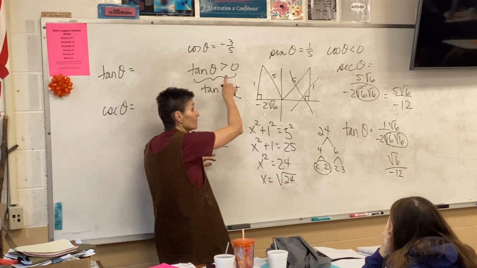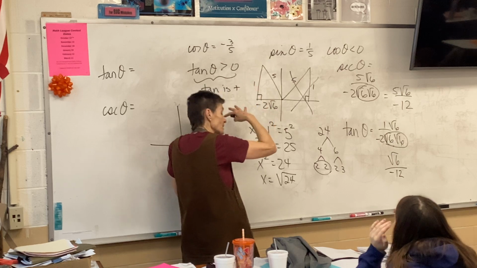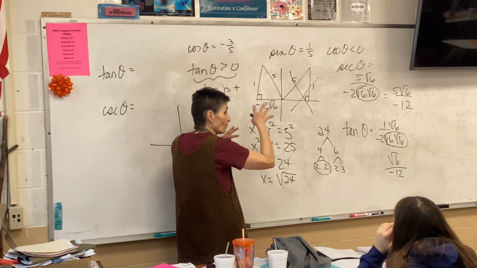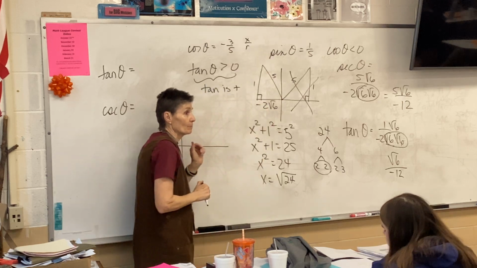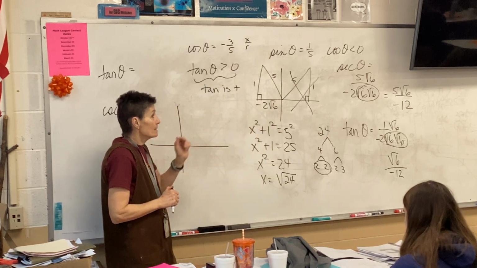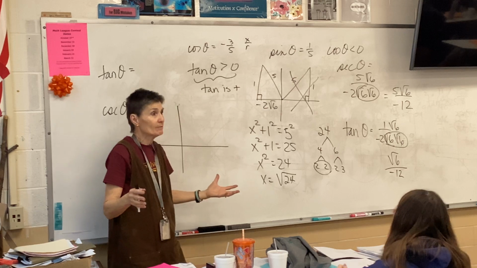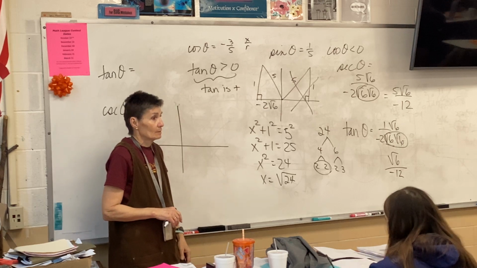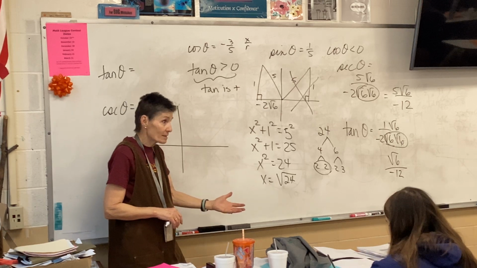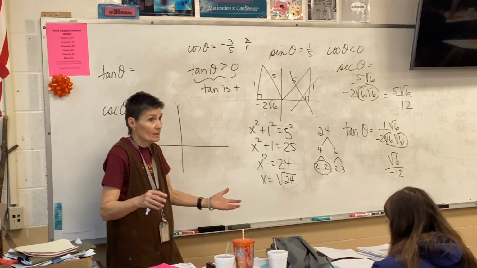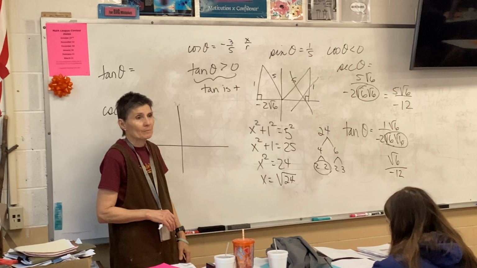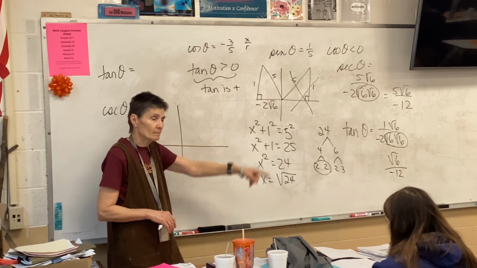Now remember, cosine is adjacent over hypotenuse, or x over r. Doesn't that mean x is negative? R is going to be positive, period, always and forever. So x has to be negative. Where does that happen? Not in quadrant 1.